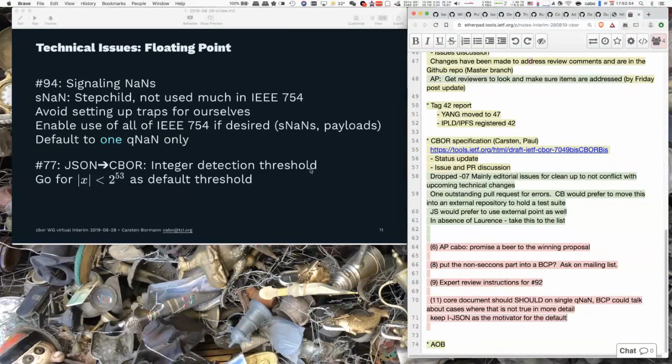Okay, that's all the slides I had. Now we only have to find time to actually work all these issues. But we have a few things we can take to the mailing list.